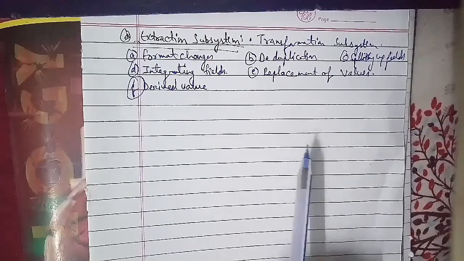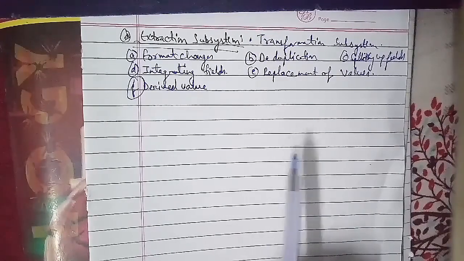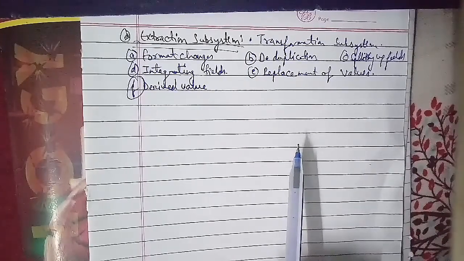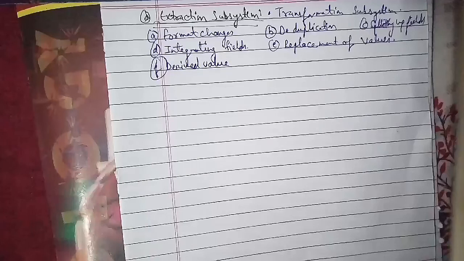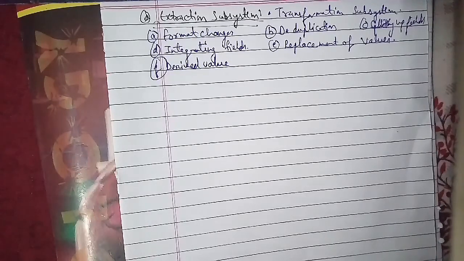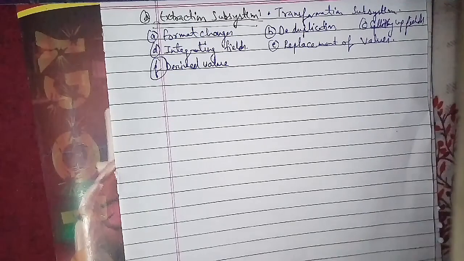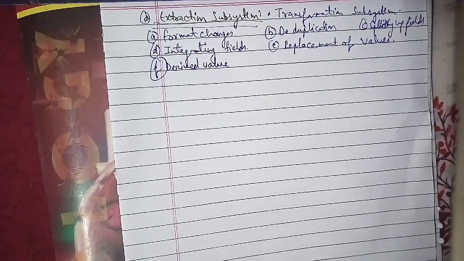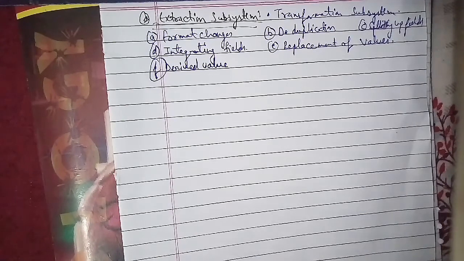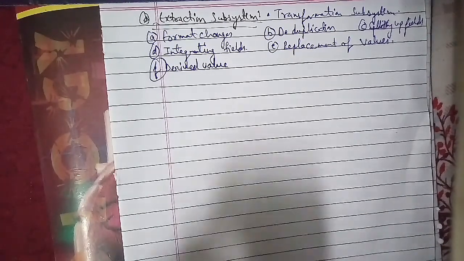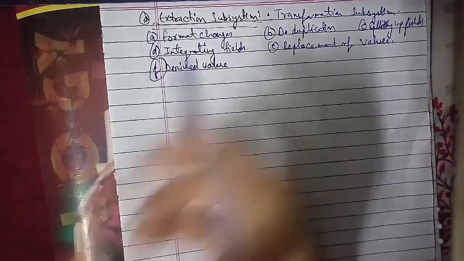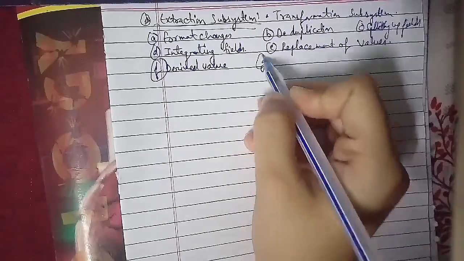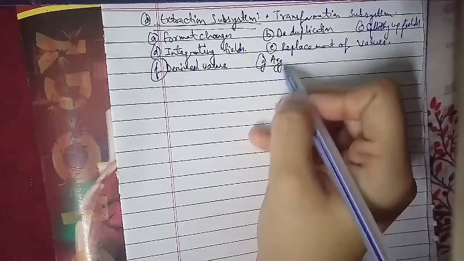The extraction and transformation subsystem creates a load image, that is the table and the field that is populated with the data to be loaded into the warehouse. The load images are typically stored in tables that have the same schemas as the warehouse itself. By doing so, the extraction and transformation subsystem greatly simplifies the load process as well.